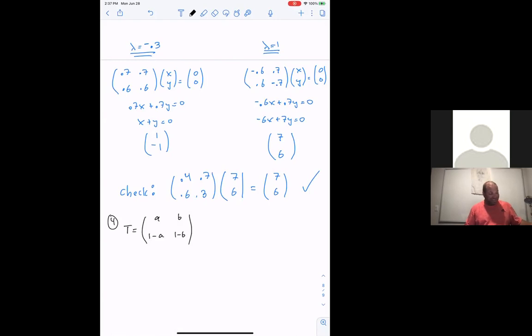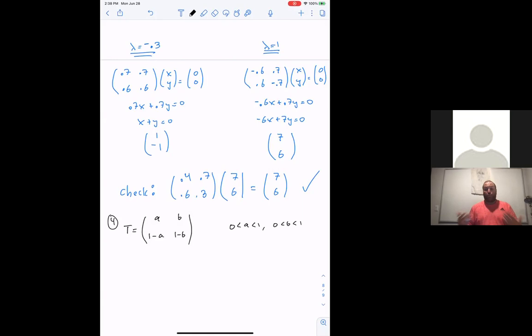I really honestly believe that this is a mistake, and it should be 0 is less than A, which is less than 1, and 0 less than B, which is less than 1, and not have the equal signs there. I can check later.